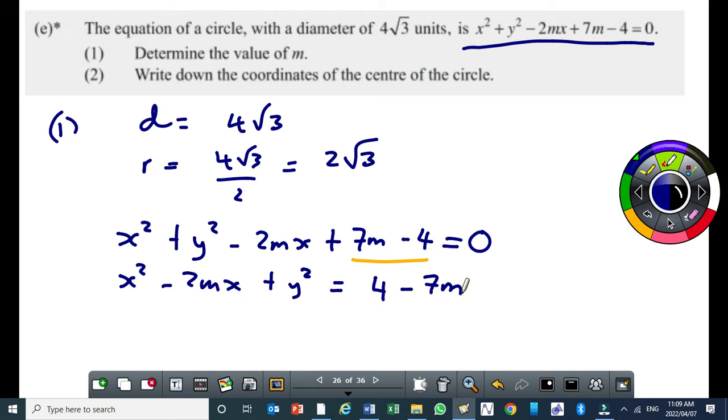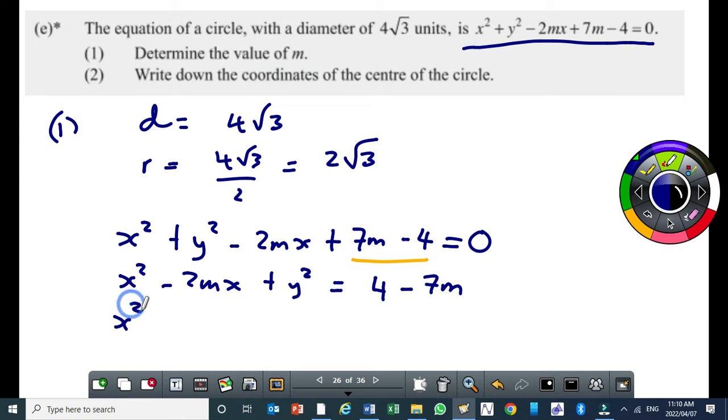So if I simplify here, it means I need to find half of the coefficient of x, which means we need to find half of minus 2m. What is minus 2m over 2? It's going to be m. Okay?